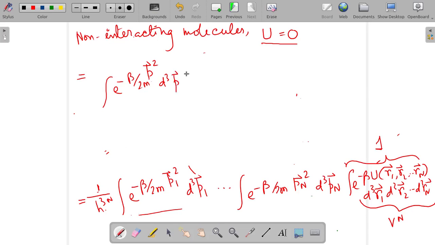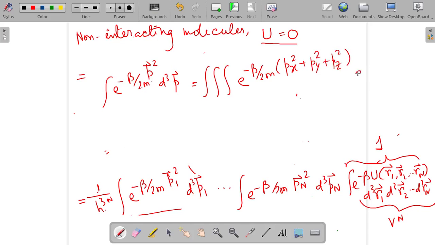If we split it up into the Cartesian components px, py, pz, the limits are minus infinity to plus infinity, because they are momentum, so they can have any values from negative to positive.